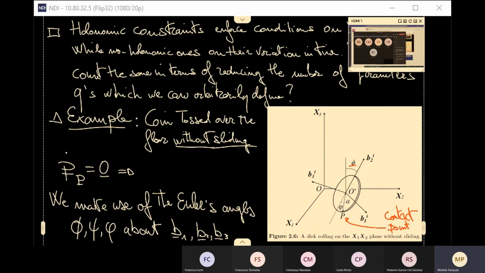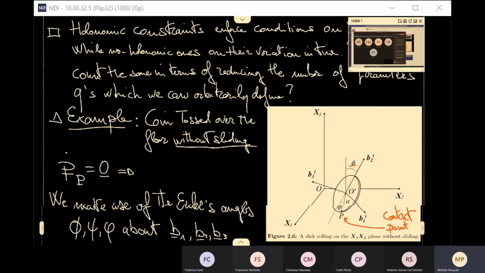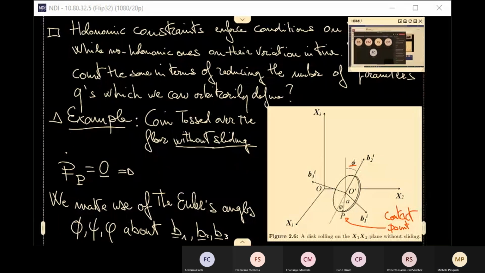Theta here instead is the angle about, you see, it's the last one here, so it's the one about B3. And you can define it as the angle between the contact point and the direction defined by the axis B2. This is phi, the first one. Okay, the last one is theta.